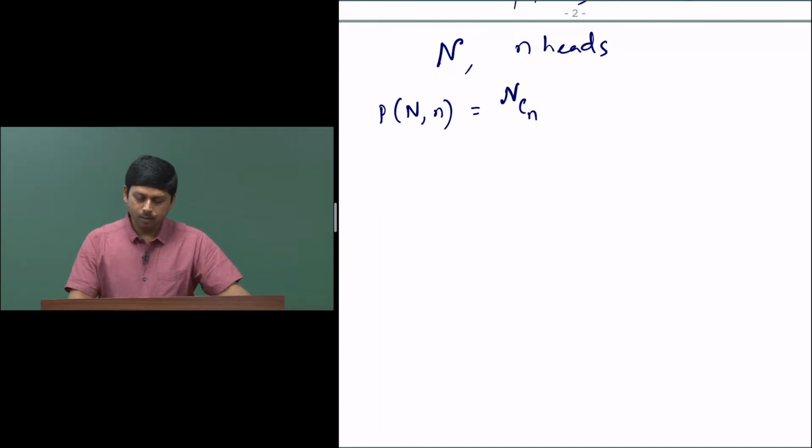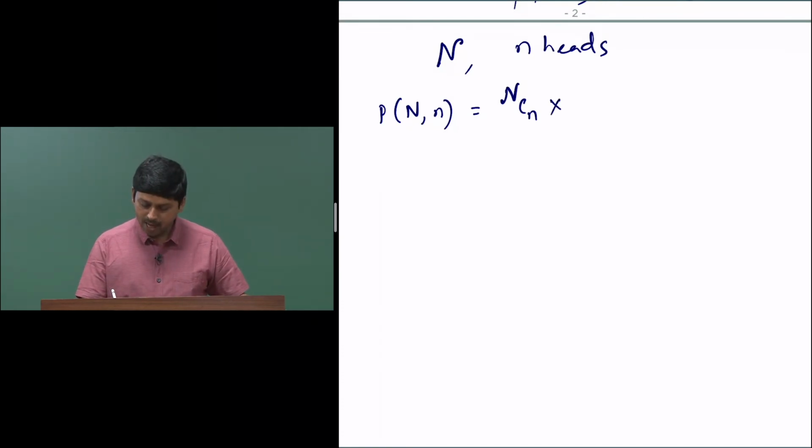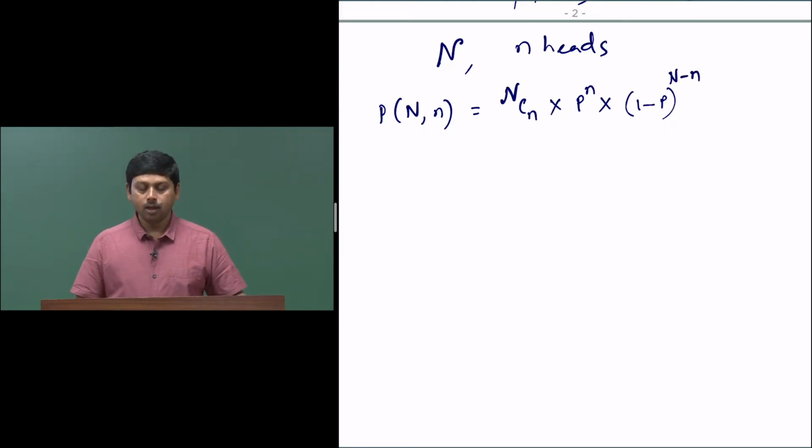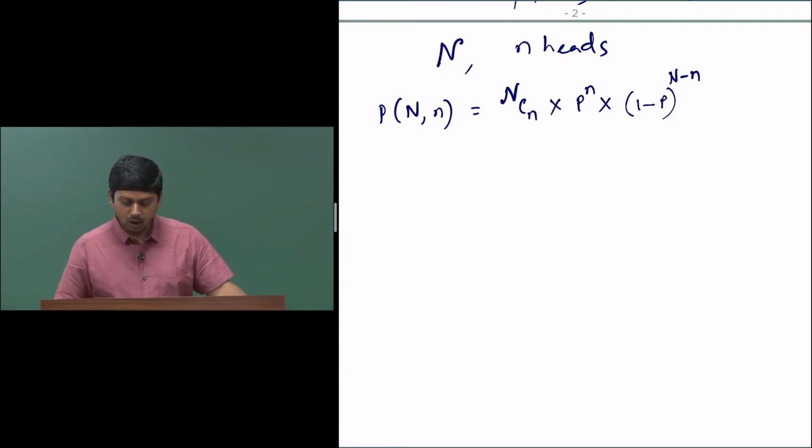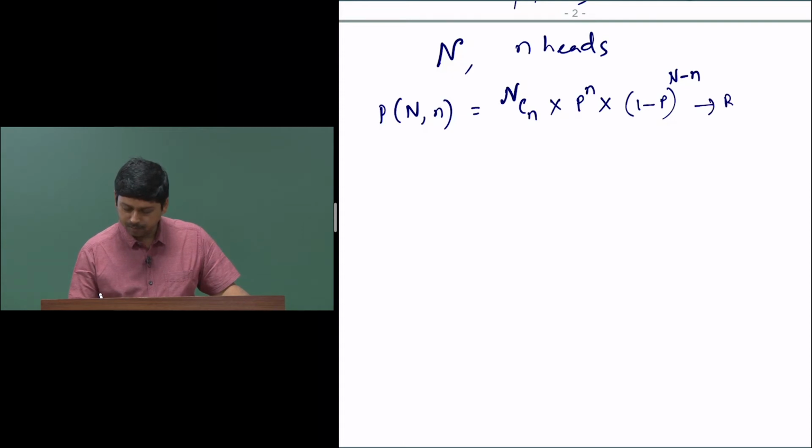Then we have small n heads, each with probability p, so it will be p to the power n. The probability for tail is 1 minus p, and how many of them are there? Capital N minus small n. So, this is the probability of having small n heads out of capital N coin tosses, and this is called binomial distribution.